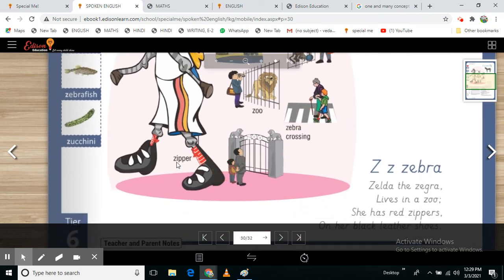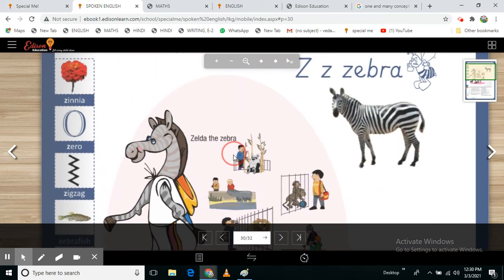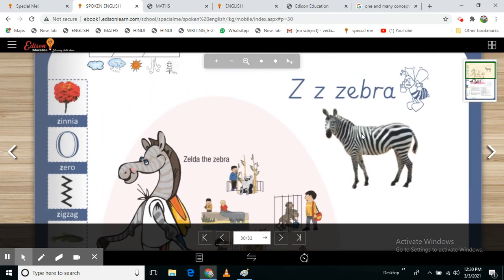And she has black leather shoes, and here is a zipper on the shoes, right? And see, what is this on the body of the zebra? These are called stripes. Okay, stripes.